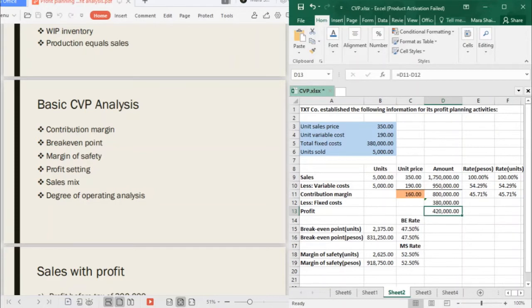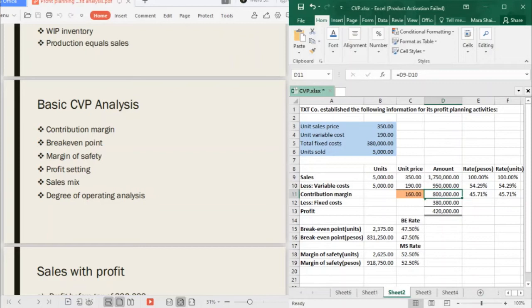Now, how do you compute for the contribution margin rate? Contribution margin rate is your rate in relation to your sales. So in this case, pila ka percent sa imuhang sales ang allocated to contribution margin.